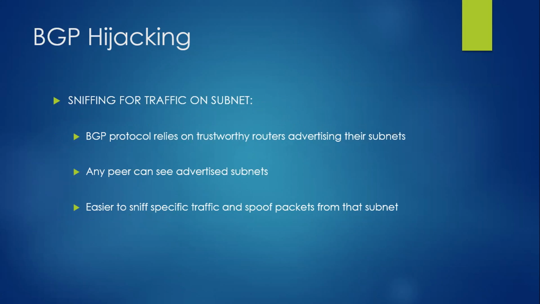And so any peer can see what these advertised subnets are. The people in the IT department can see the subnet that is for payroll and the subnet that is for sales. And since they're being trusted with this information, it's easier for them to sniff out specific traffic and spoof the packets from that subnet.